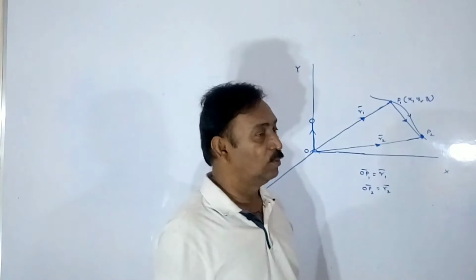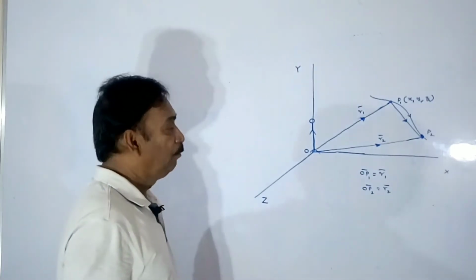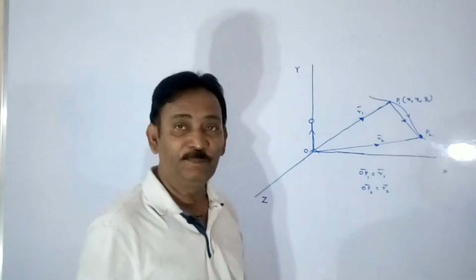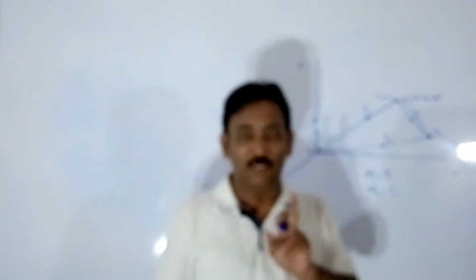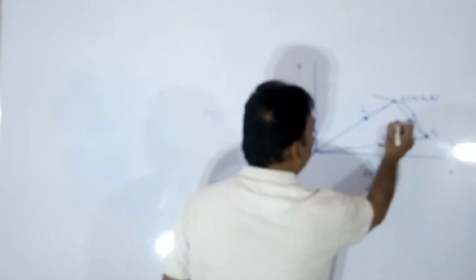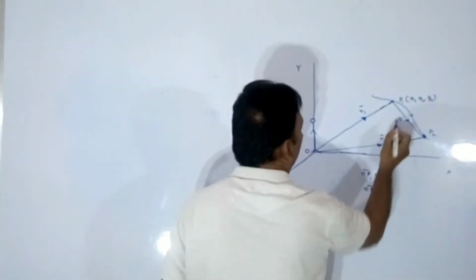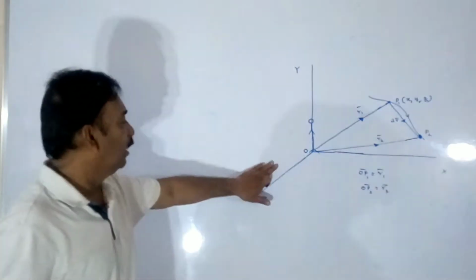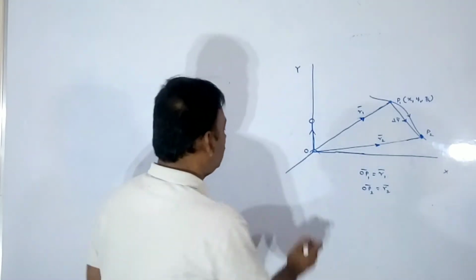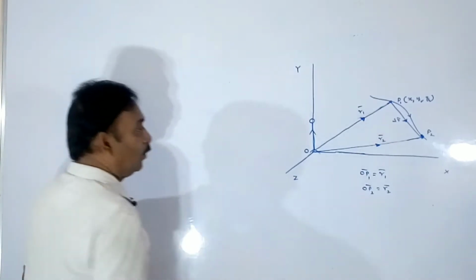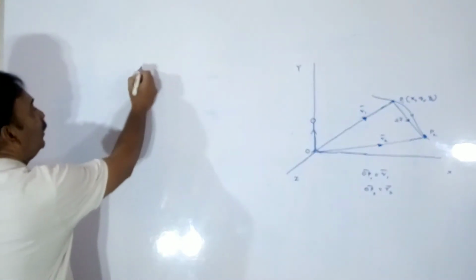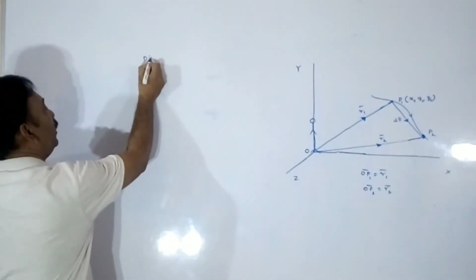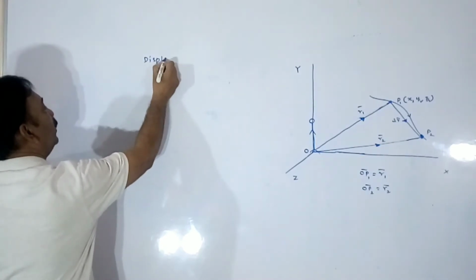If you understand these two, you can understand the displacement of the particle as well as the distance. First, I am naming it P1 to P2. Here I call it delta R. Now listen to my words carefully. We need to find the displacement.